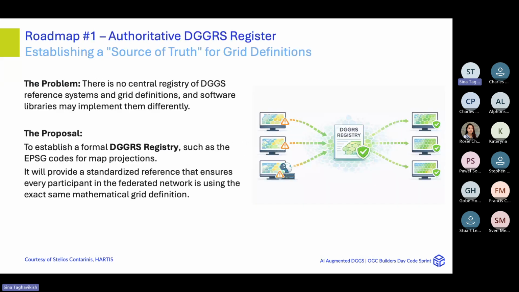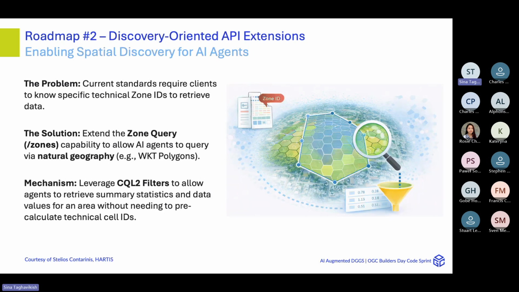So the main roadmaps. Number one, we need an iterative DGGRS register. The problem is that there is no central registry for DGGS. We need something like the EPSG codes for map projections. Talk the same language. Otherwise, it's just not going to work. The second one is discovery-oriented API extensions.